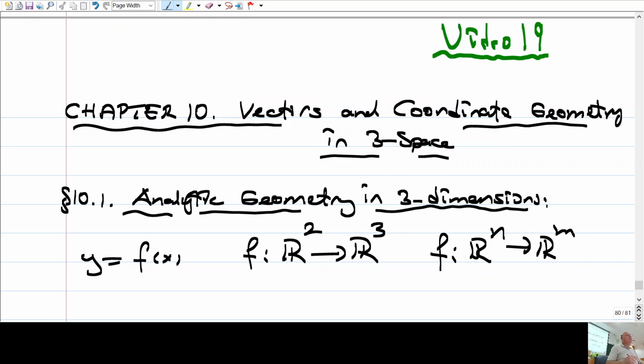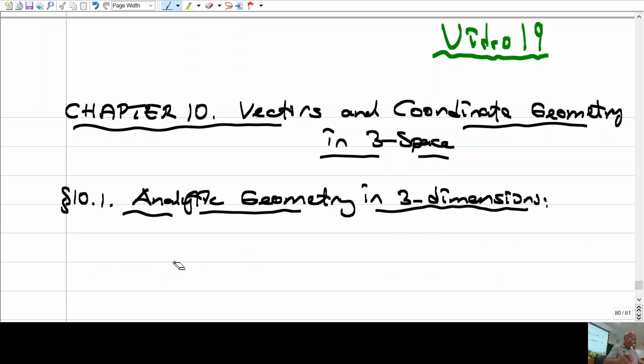So functions of several variables basically.